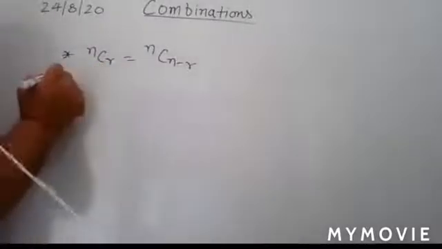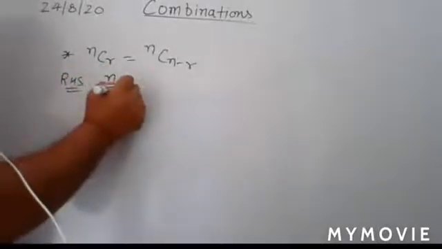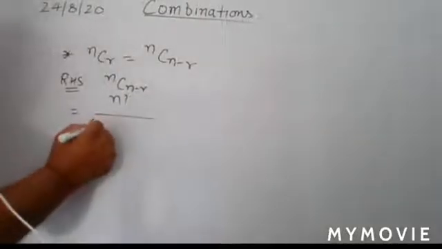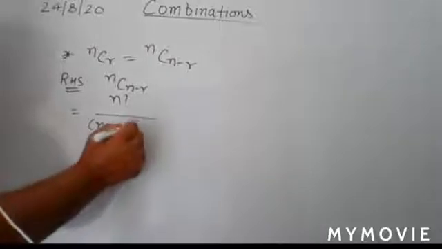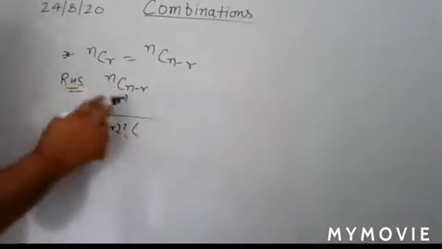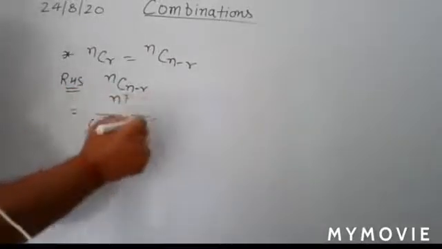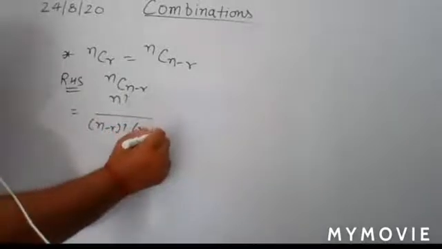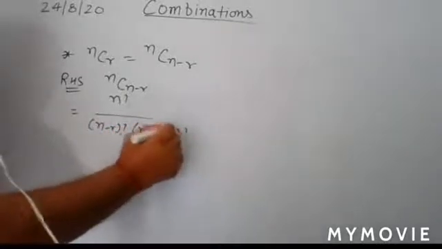So here you have nC(n minus r). Now apply the first formula. Here you have factorial n upon (n minus r) factorial into, in place of (n minus r) factorial, what do you write? (n minus (n minus r)) factorial.